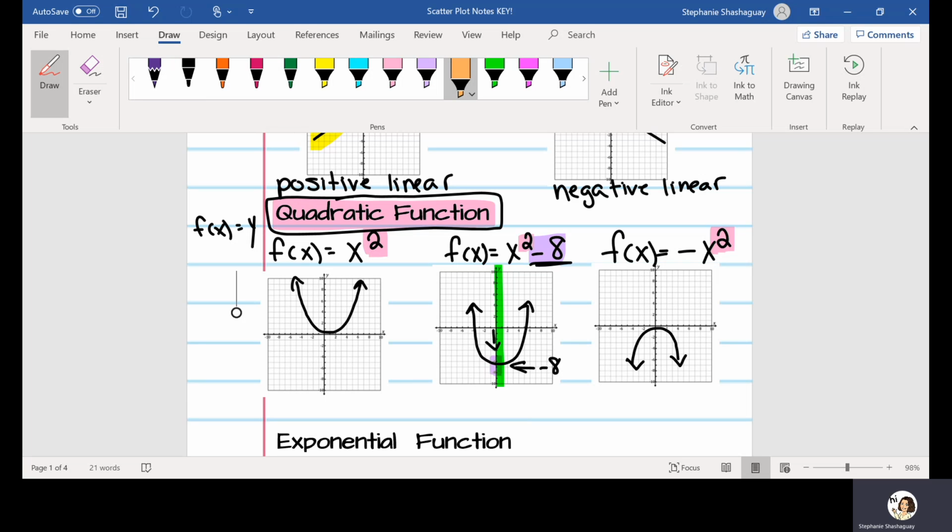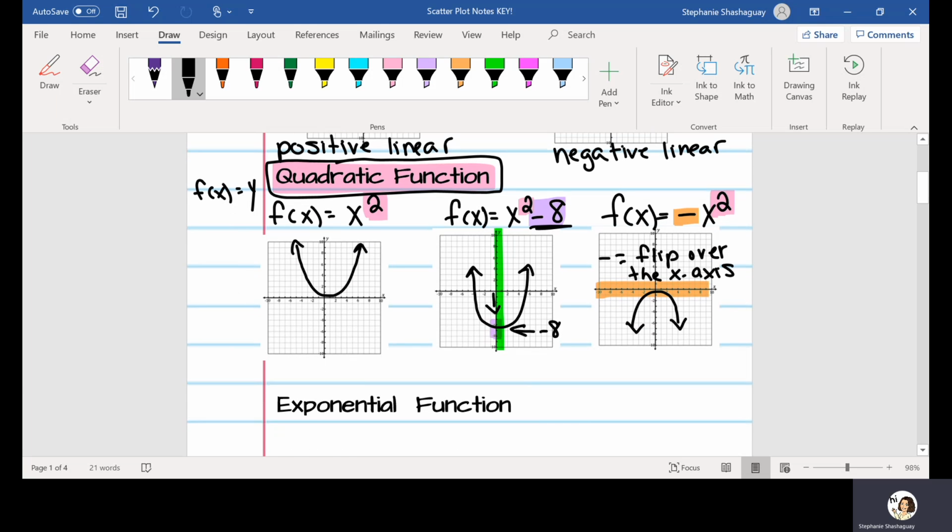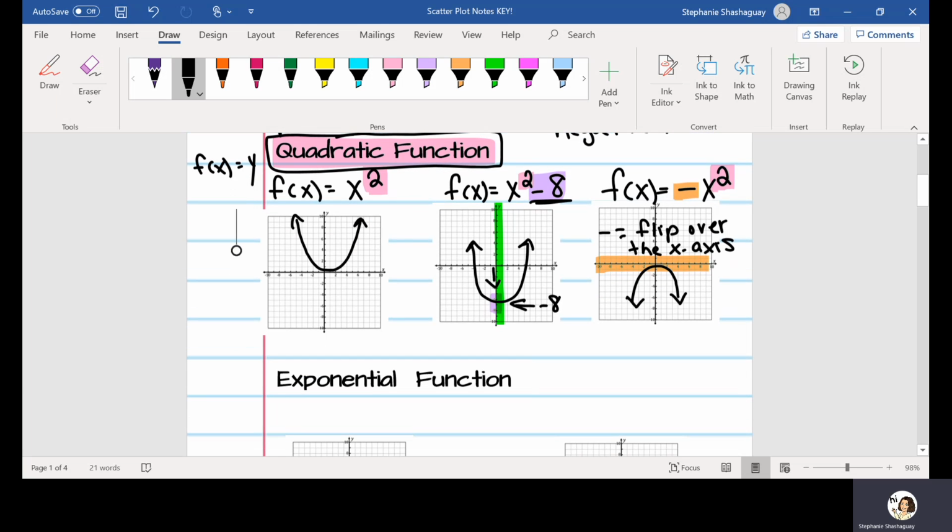And because of that negative, what happened was I flipped over the x-axis. So negative equals a flip over the x-axis. Okay? So if you have a negative quadratic function, it's going to look like it's upside down.